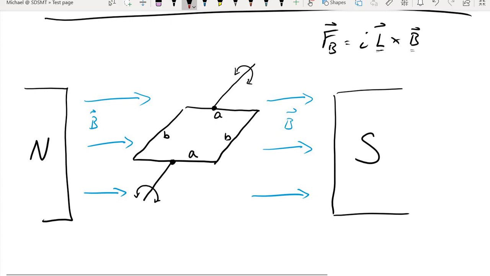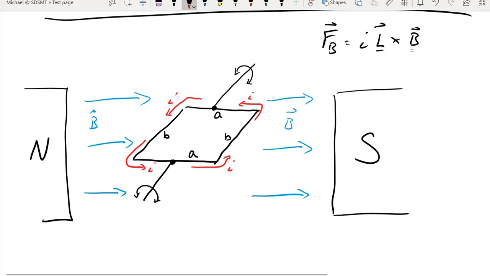So that's what we'll do. We'll introduce some current, and we'll say that the current is traveling in this direction as it goes around the coil. And somehow we will magically allow this current to rotate around the coil perpetually.